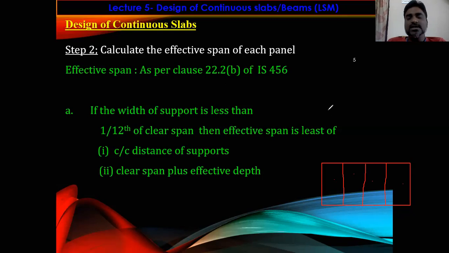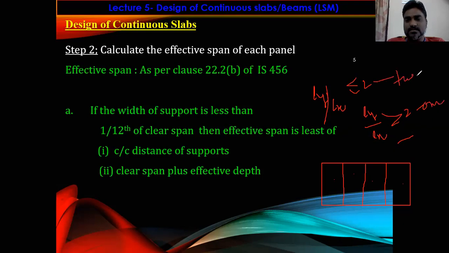If Ly by Lx is less than or equal to 2, then that should be designed as a two-way slab. If Ly by Lx is greater than 2, then that should be designed as a one-way slab, right? That means this is one-way slab, this is two-way slab, right?